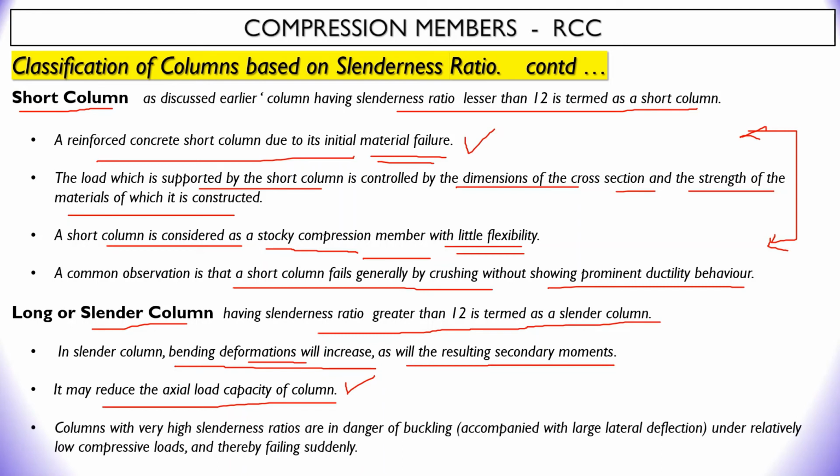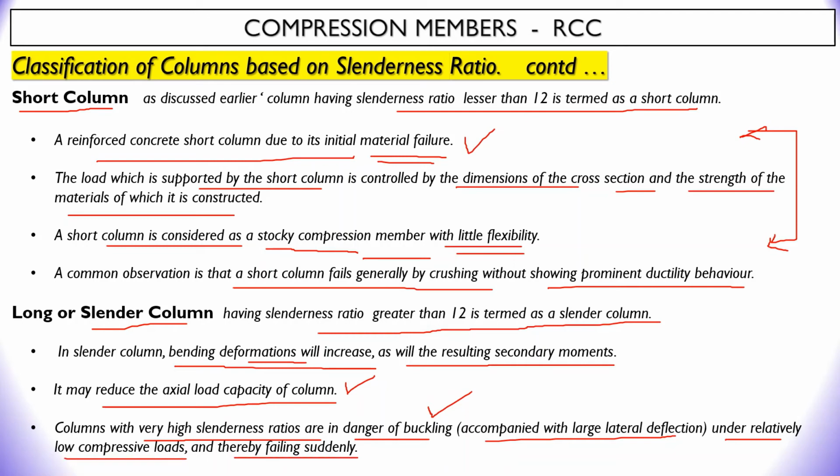Columns having a high slenderness ratio, in other words a higher length or height, are likely to buckle, and when buckling takes place, lateral deflection also takes place under relatively low compressive load.